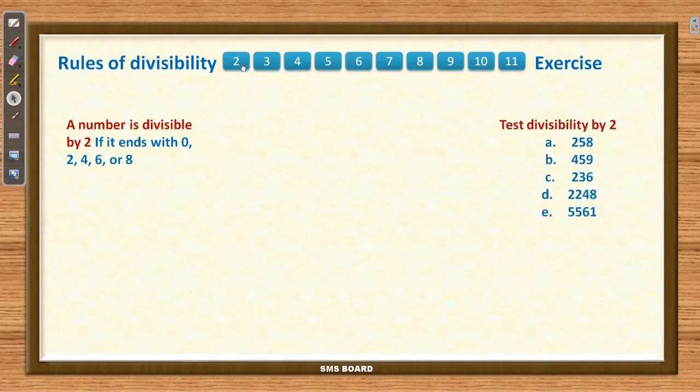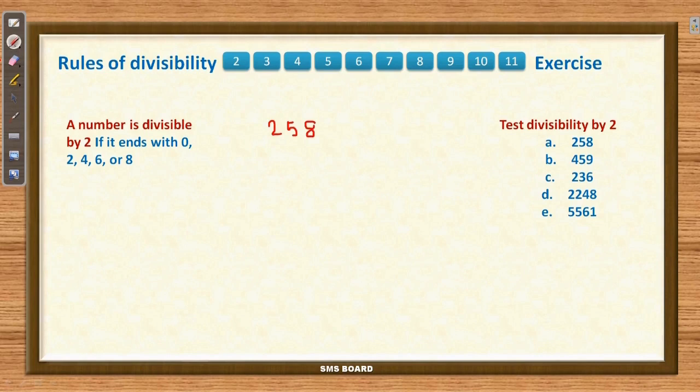Let us discuss some problems in the exercise. Here we have 5 numbers to test divisibility by 2. First of all, consider the number 258.